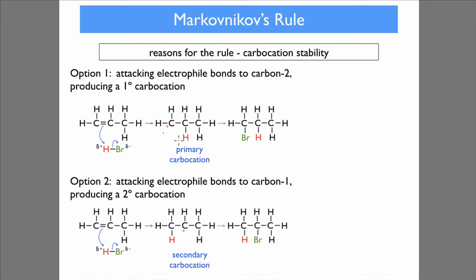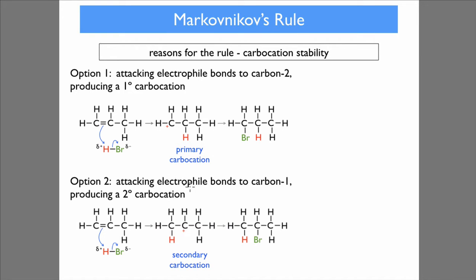This forms a primary carbocation here, and then we only have one group stabilizing it. And then we get the bromine here, it would be 1-bromopropane.